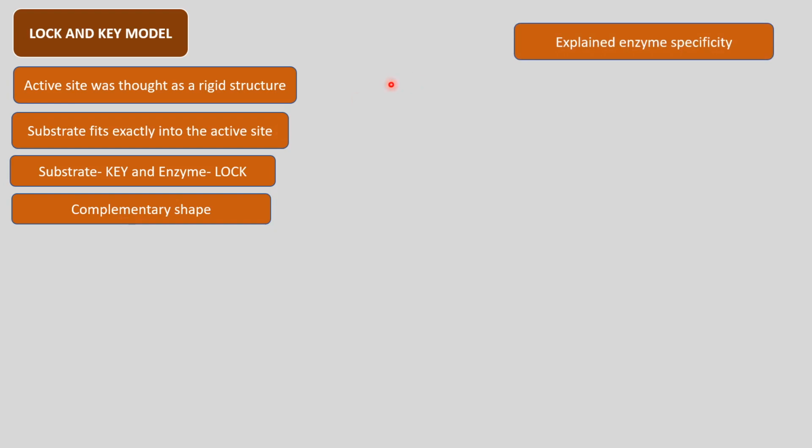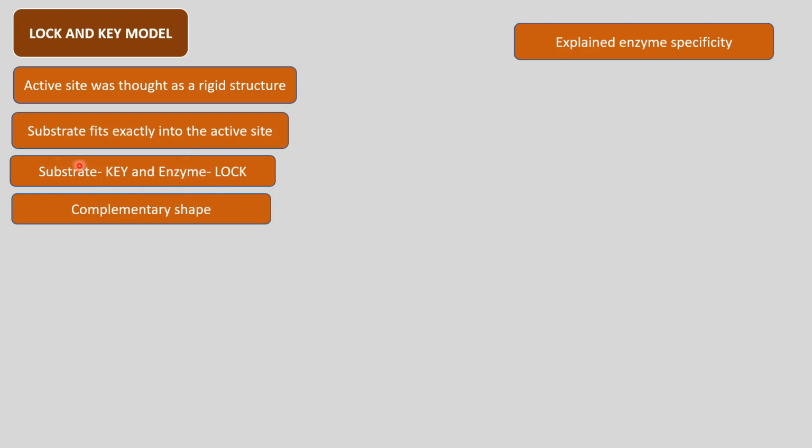Now as I told, this model explains the enzyme specificity. Since substrates are like keys, all keys are not going to open the lock, all keys are not going to fit into the lock which is the enzyme.